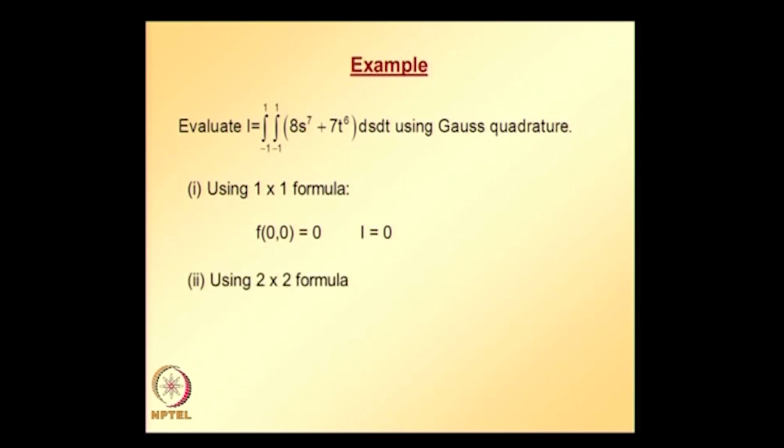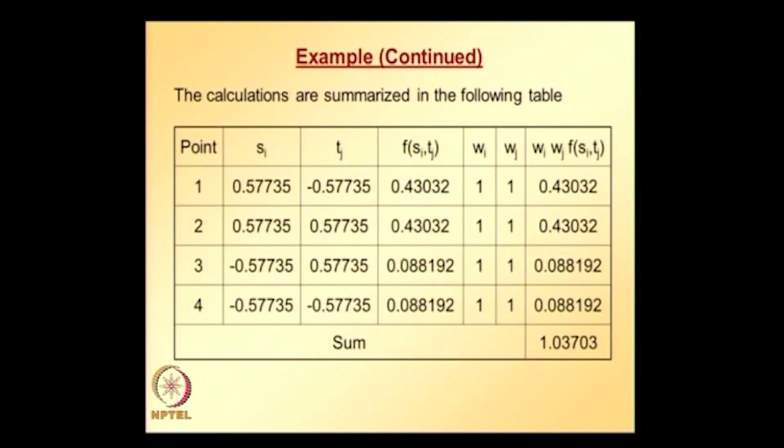And using the 2 by 2 integration formula, the calculations are summarized in this table. For point 1, the s and t locations and the corresponding function value are given, along with weight along s direction, weight along t direction, and the product of the weights times the function value at point 1.